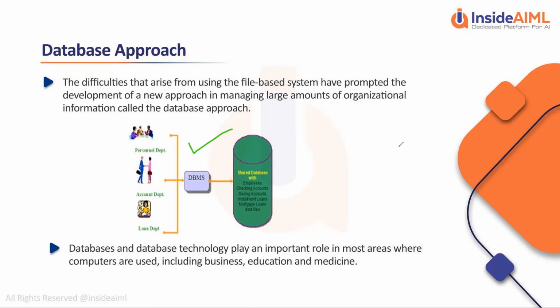And when you're writing your query, you don't have to download all the data like we were doing in the file-based system. You just have to write the query to fetch that particular information. Not everything is going to be downloaded. You'll just get a view of what you need to know.